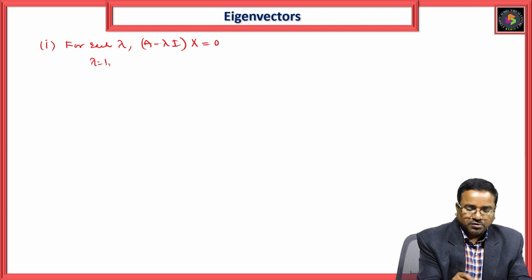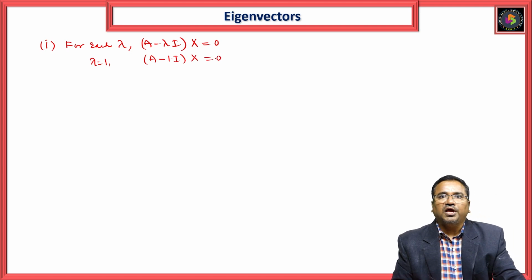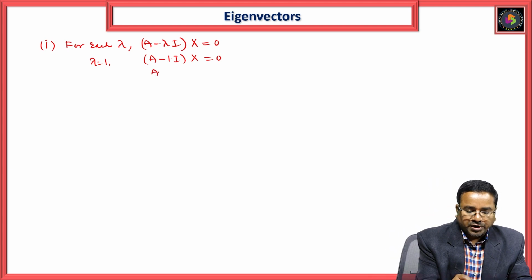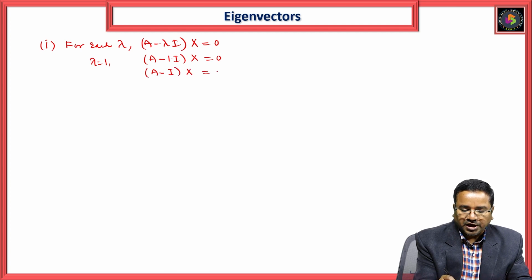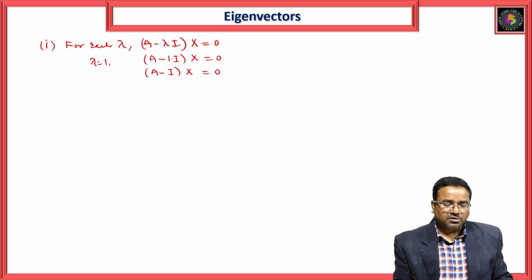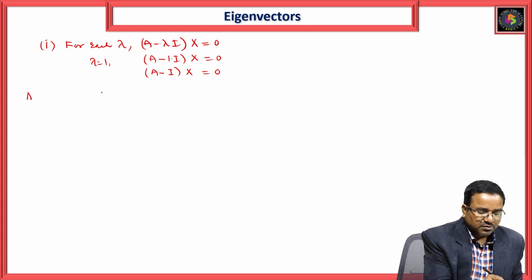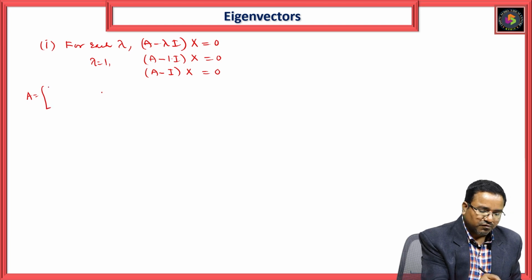So (A minus 1 I) x is equal to 0. We know A is the given matrix, and I you have to take as the corresponding identity matrix, so 1 times I is nothing but I. A here is the matrix with rows 1 0 -1, 1 2 1, 2 2 3.